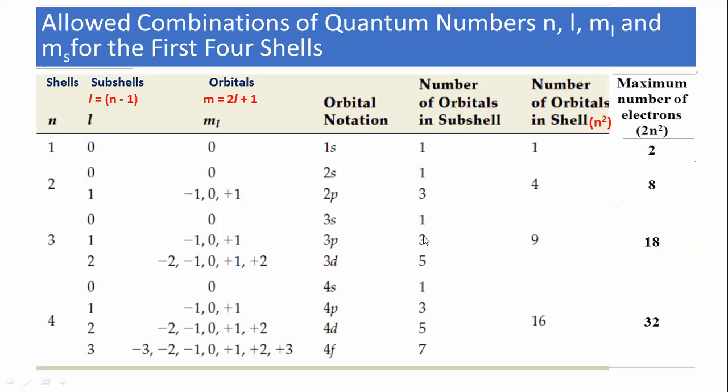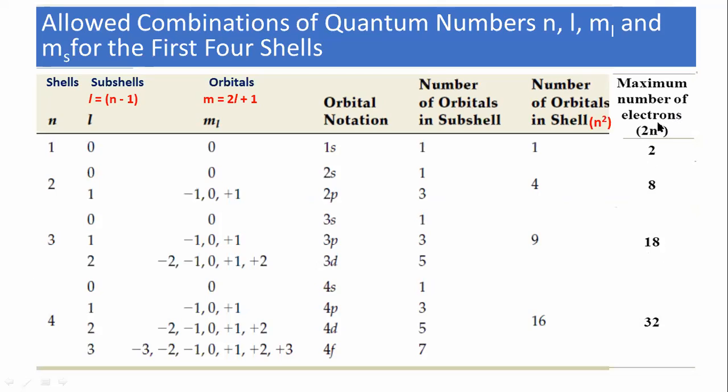So the total number of orbitals in the third shell is 5 and 3, 8 and 1, 9. So there are 9 orbitals. And how many electrons are there? Double of 9 is 18, or you may also use this formula to calculate the number of electrons. We are talking about the third shell. 3 multiplied by 3 is 9, and then 9 multiplied by 2 will be 18.